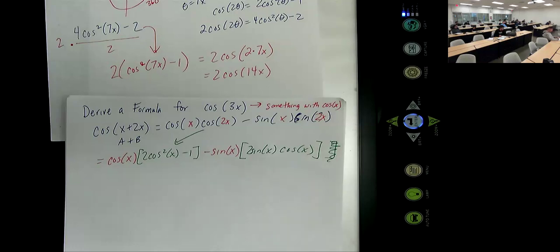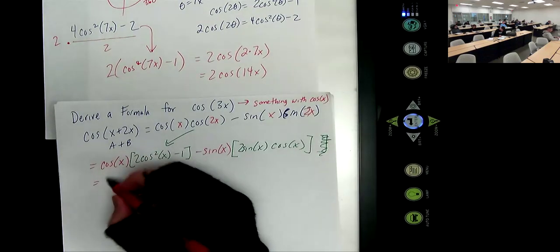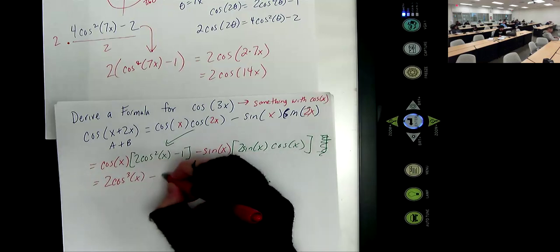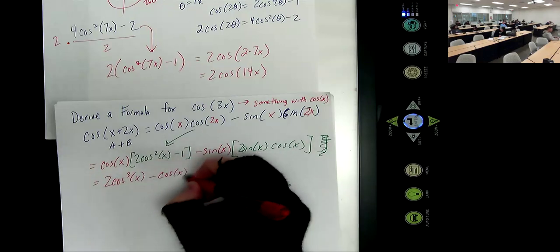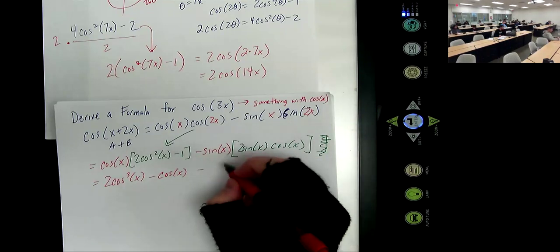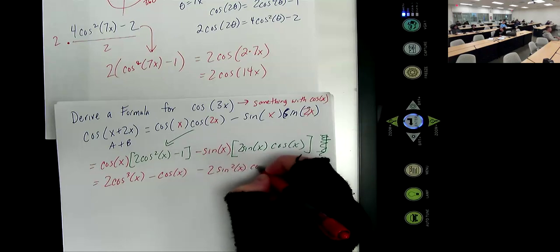So I'm gonna distribute that and see what we got. This looks like a 2 cosine cubed x now, minus a cosine x, and this looks like minus 2 sine squared x cosine x.